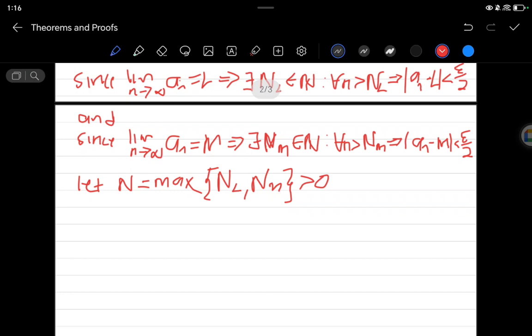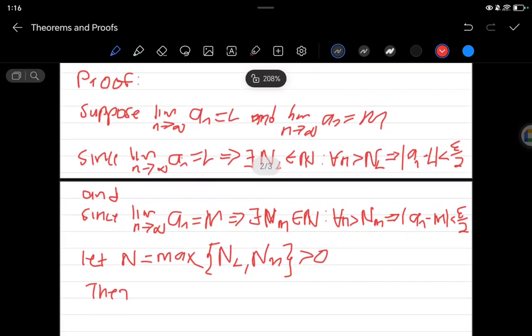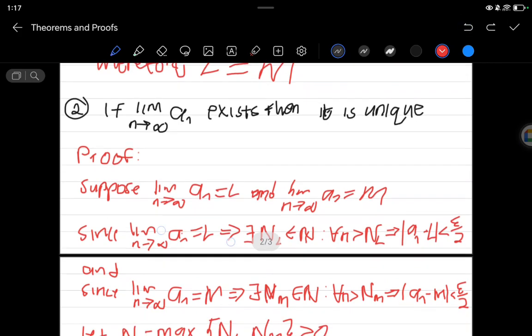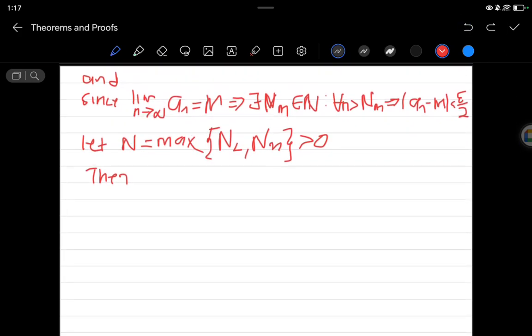Now, since I've already spoken about this and this, I must prove that it is unique. I must show that they're equal.